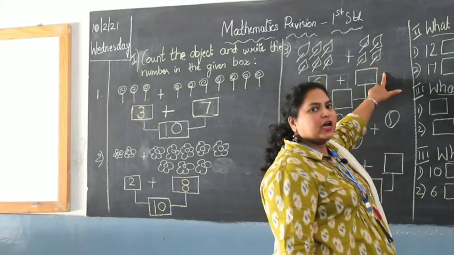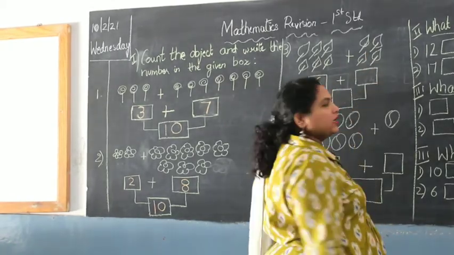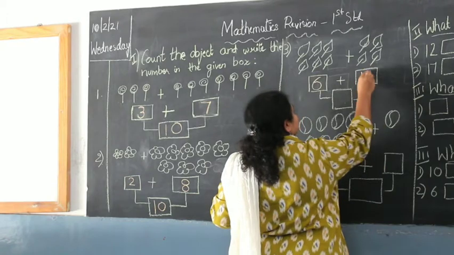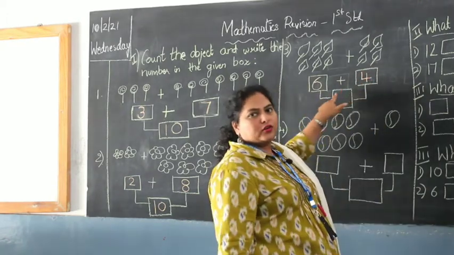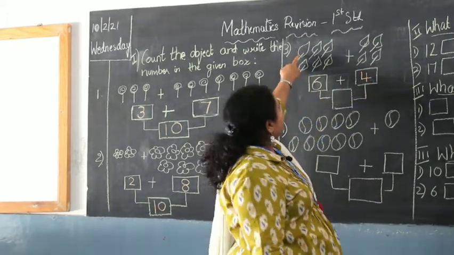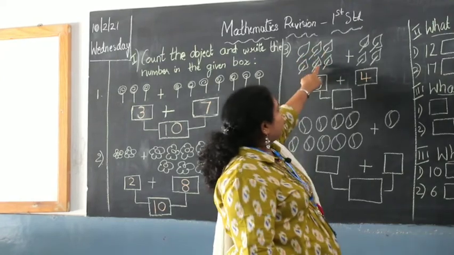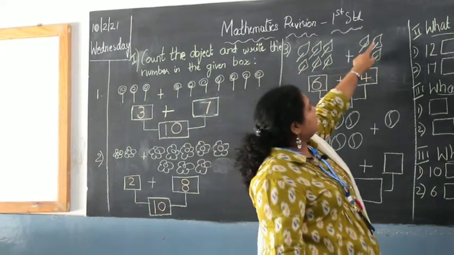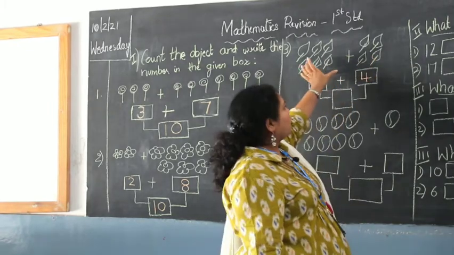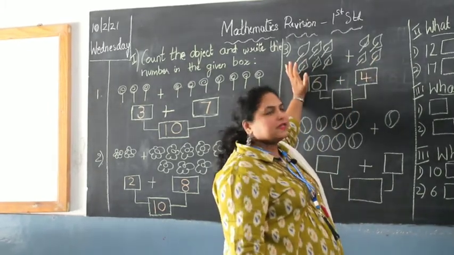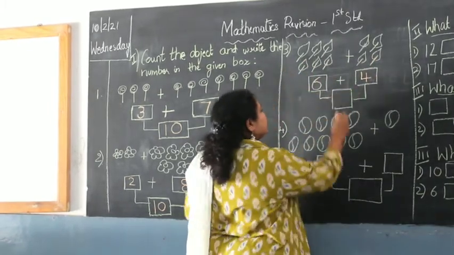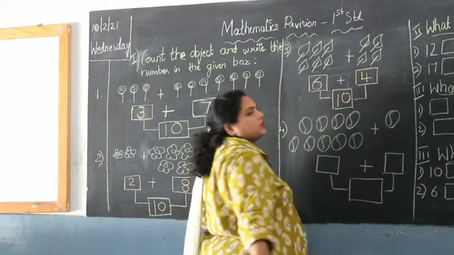How many leaves do we have? 4 leaves. So let's write 4 over here. 6 plus 4 is how much? 1, 2, 3, 4, 5, 6, 7, 8, 9, 10. So putting all the leaves together, we get 10. So 6 plus 4 is 10, right?